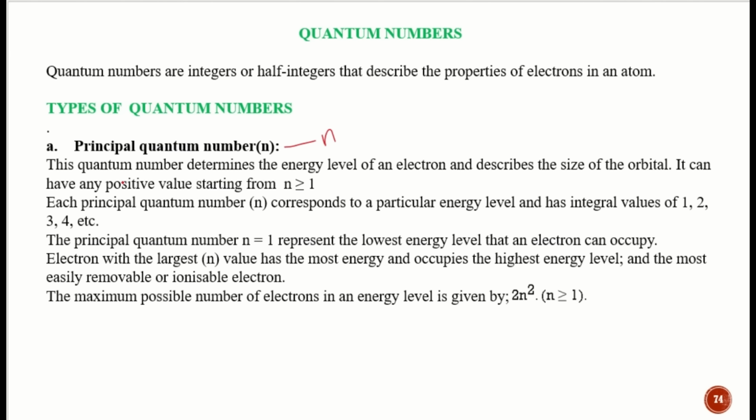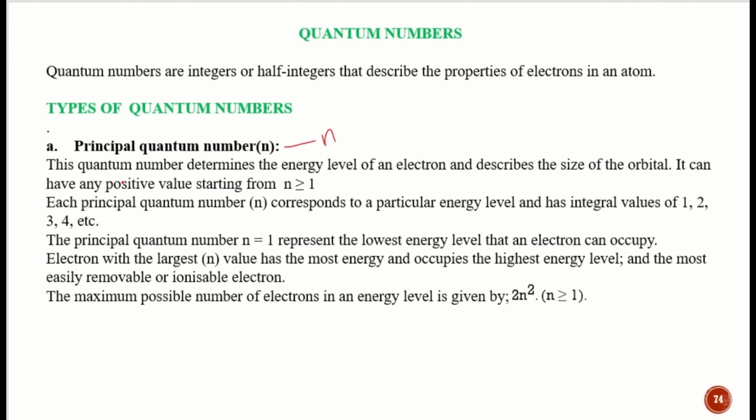It can have any positive values, n greater than or equal to 1, where n is our principal quantum number, and n stands for our energy level or our shells.